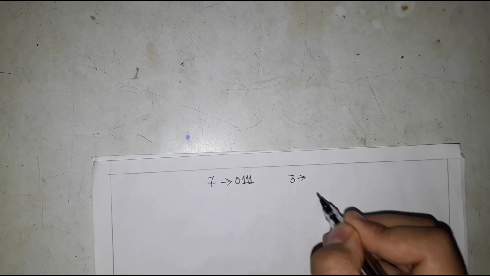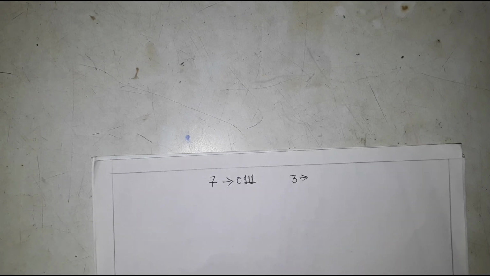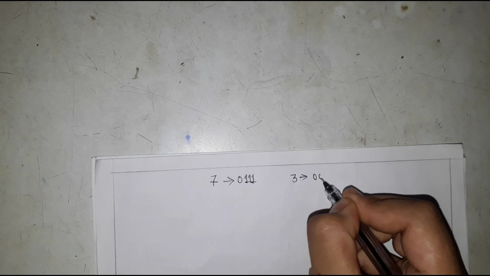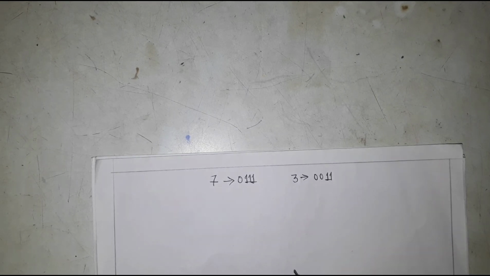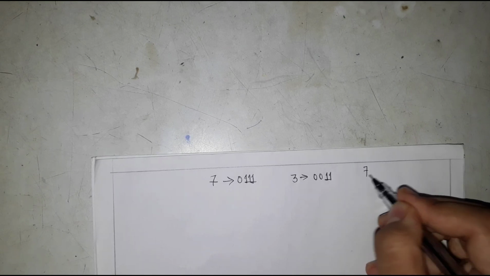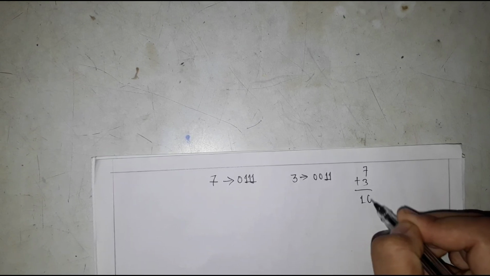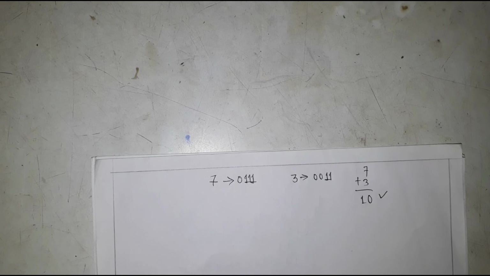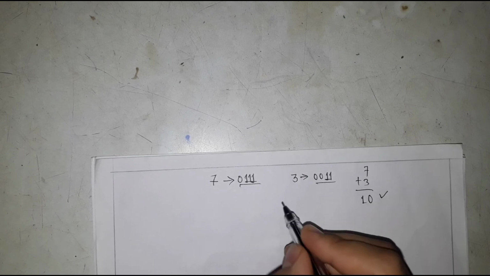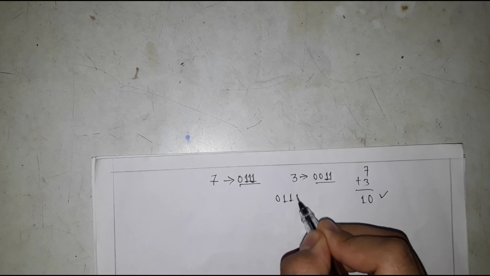Another number that I'd like to take is 3. When you convert it into binary, you'll get 0011. When we perform the addition, we'll directly get 10 in case of decimal. So when we add these binary numbers, we should be getting the same number as well.